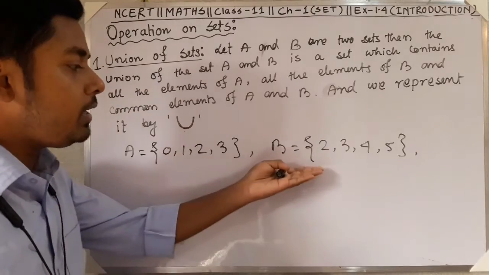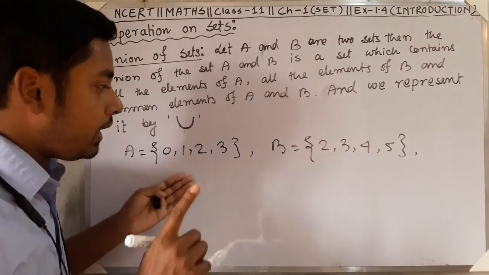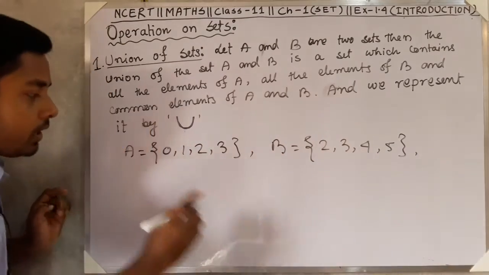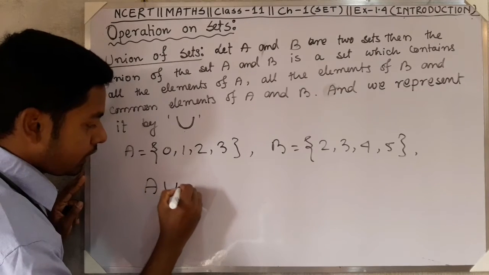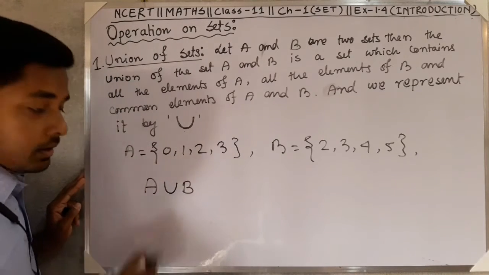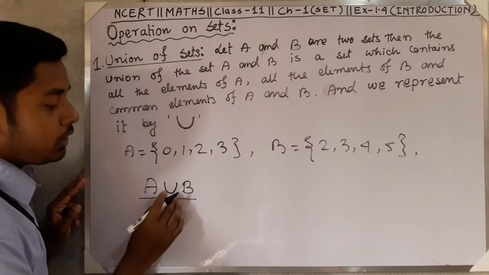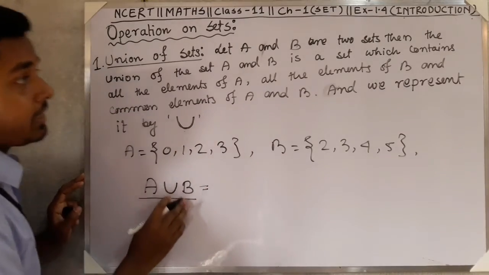How do we represent it? A union B. And what is it? It will be a set.